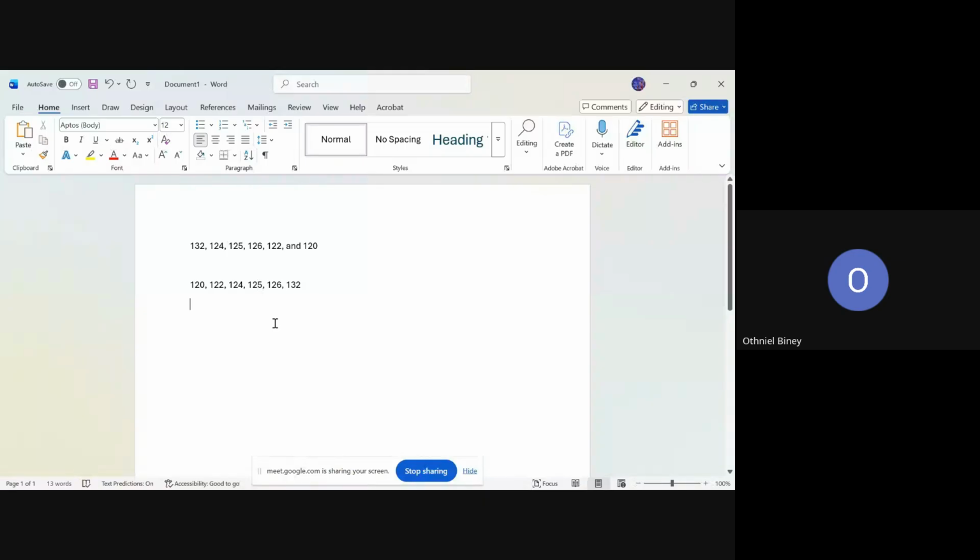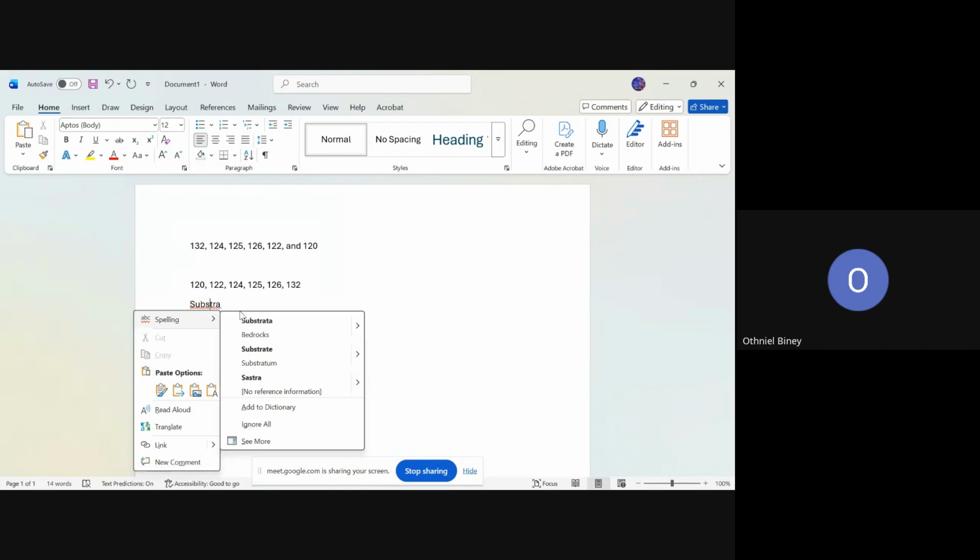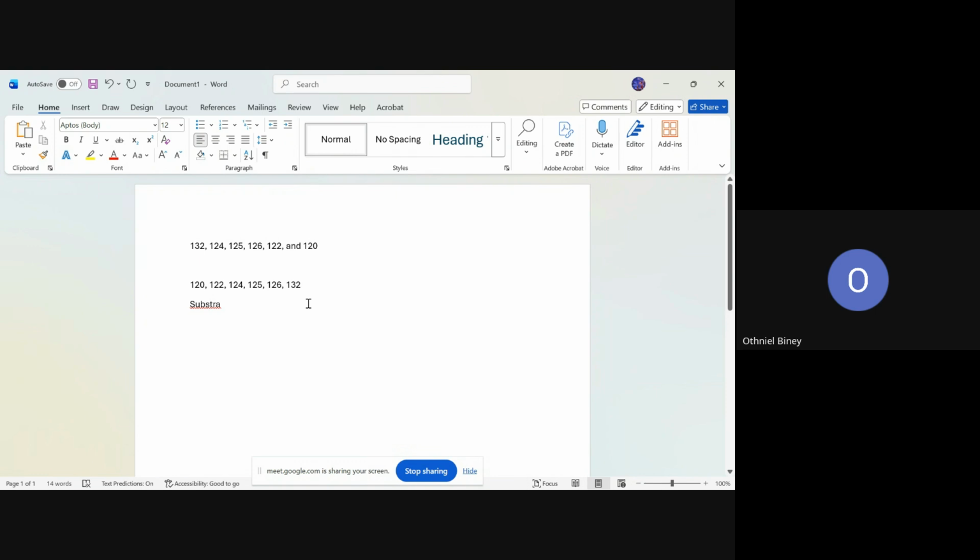But the Q test is saying you first have to subtract the closest number, the number closest to 132.